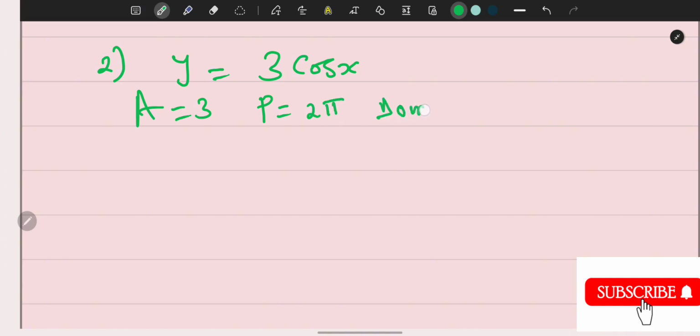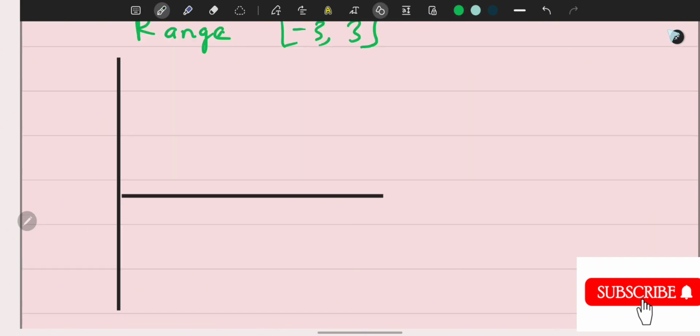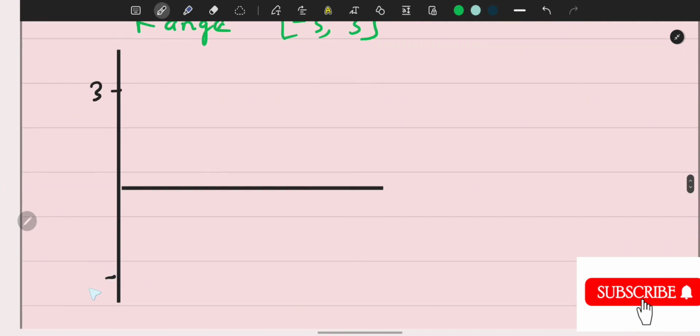The domain is from 0 to 2 pi, and likewise the range is going to be minus 3 to 3. You should note that your amplitude cannot be negative, it should surely be positive at all times.